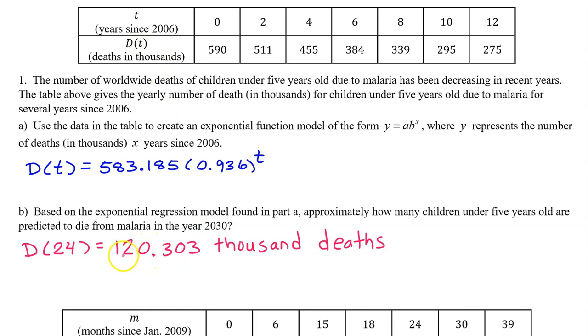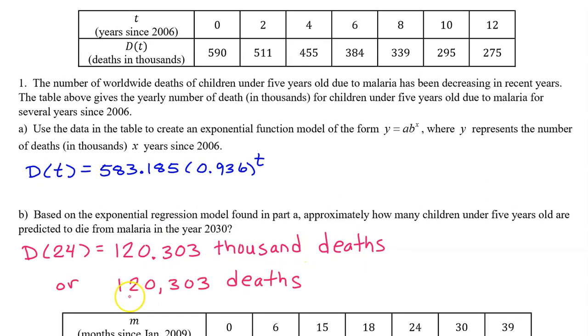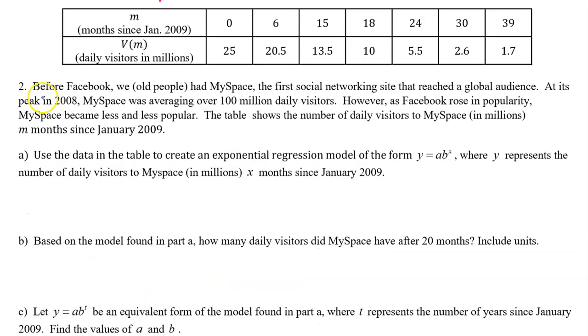You can either say 120.303 thousand deaths, or you can say 120,303 deaths.